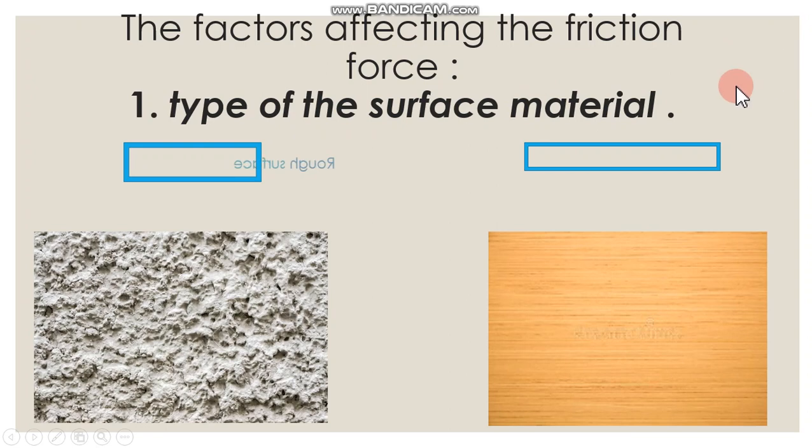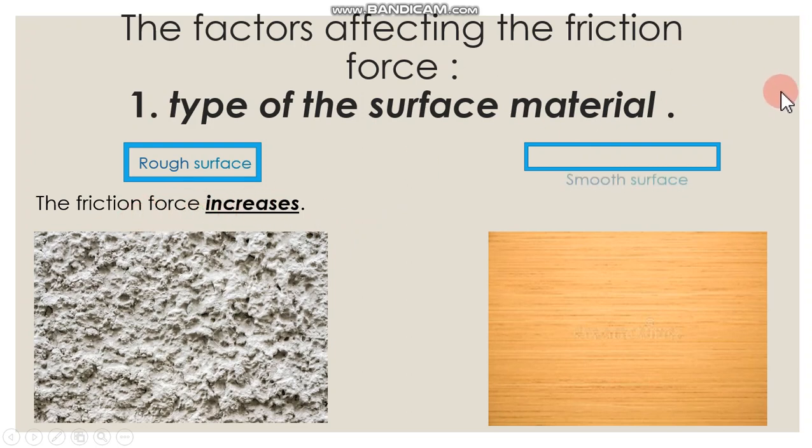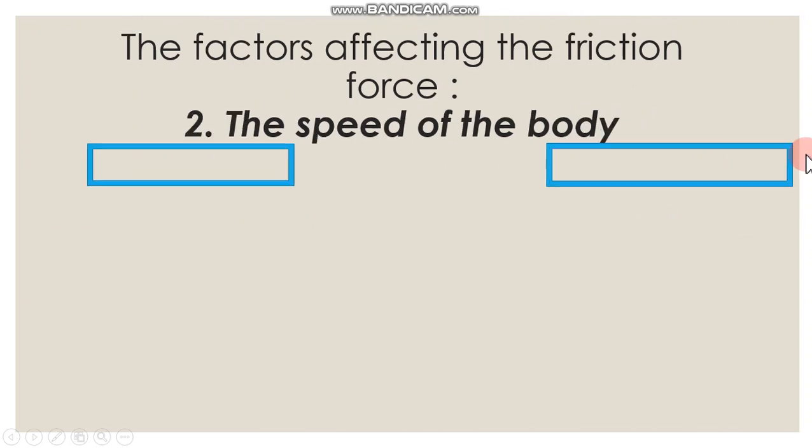If it's a rough surface, rough like this photo, the friction force will increase, it will take more effort, so the friction force increases. While when the surface material is smooth, like this picture, smooth, not rough, the friction force decreases. The opposite of increase, decrease.